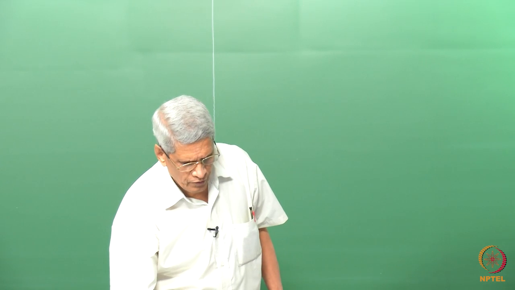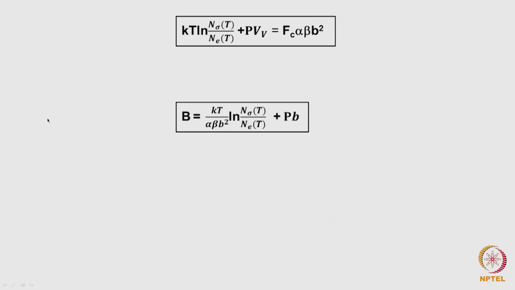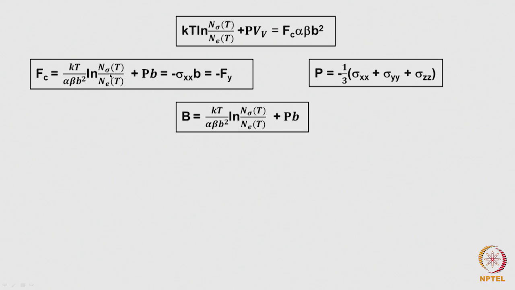So now what we should do is that we should equate these expressions, correct? That is, this we calculated as the free energy change. This is equal to the force which is being applied, okay. So if we wanted to find out Fc, we take it to be on this side.